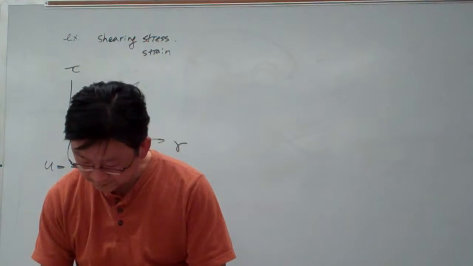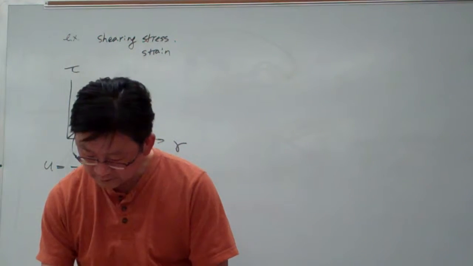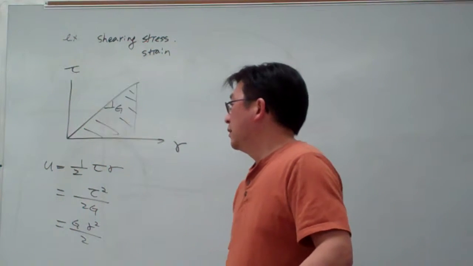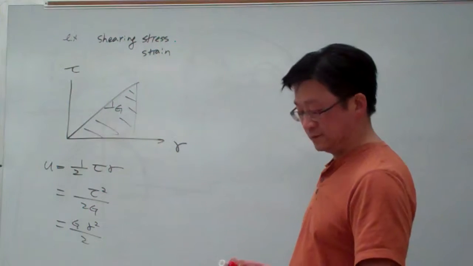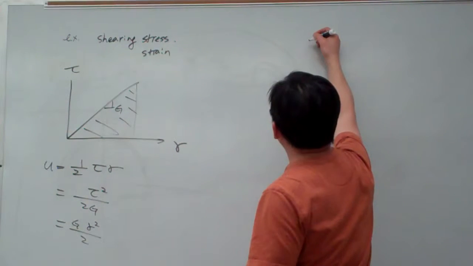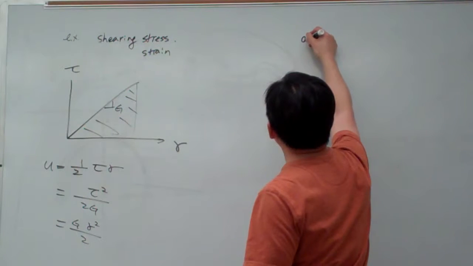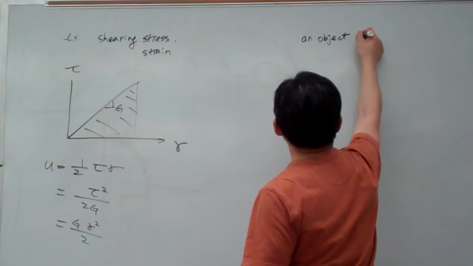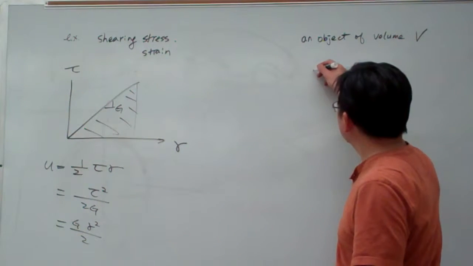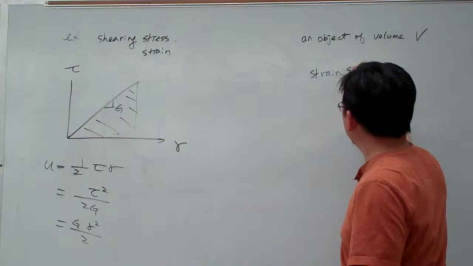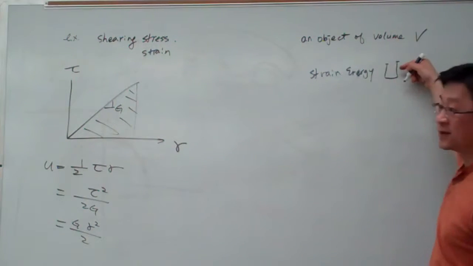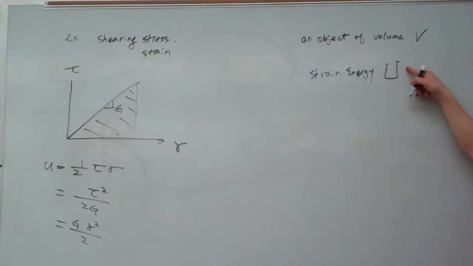And so once we have the strain energy density, then for example, if an object of volume V and the total strain energy, we're using capital U. I simply follow our textbook notation.